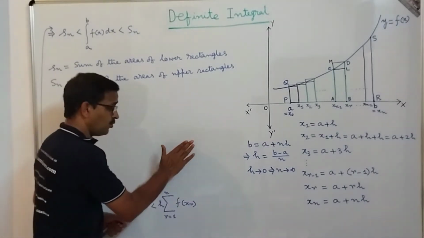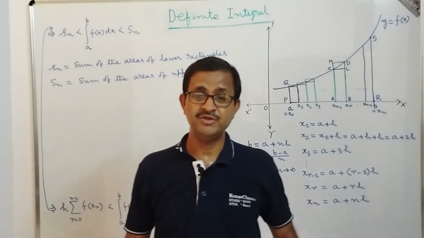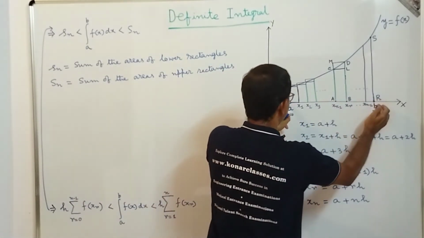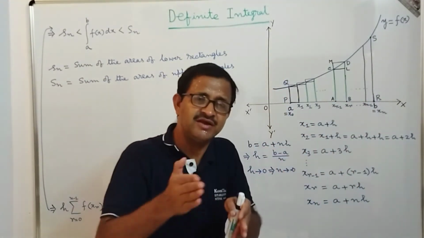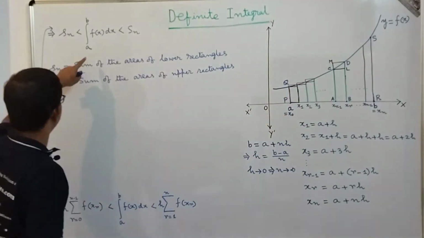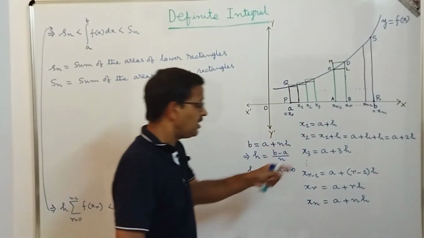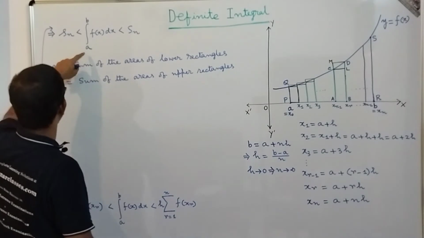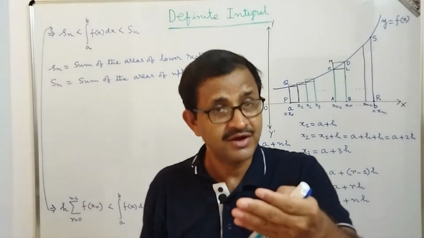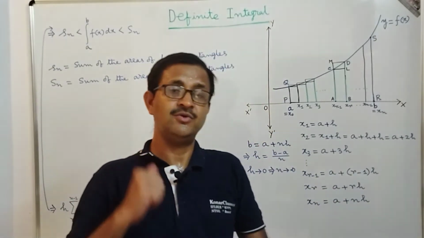Now dear students, when we make n tend to infinity, that means when we divide the entire interval P to R into an infinite number of intervals, the area of the region PRSQP, or the value of the definite integral a to b f(x) dx, will be the same as the limit n tends to infinity of small sn, and also equal to the limit n tends to infinity of capital Sn.